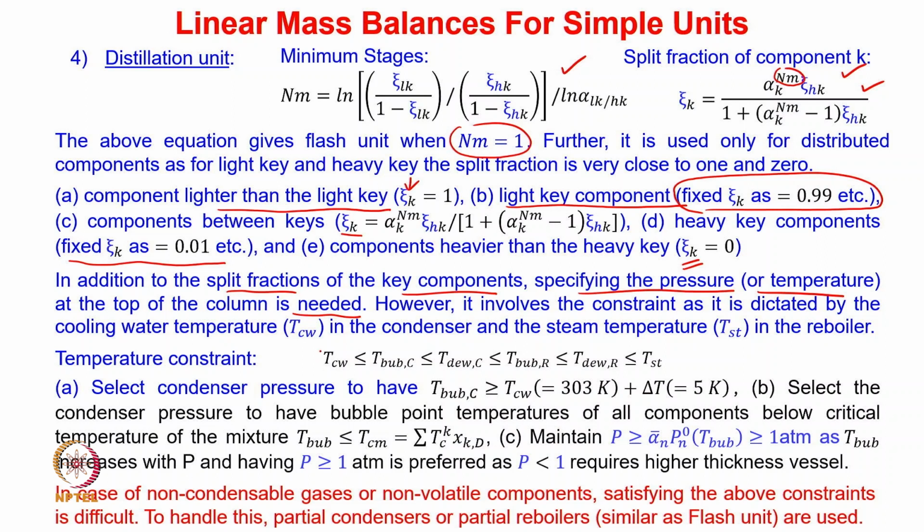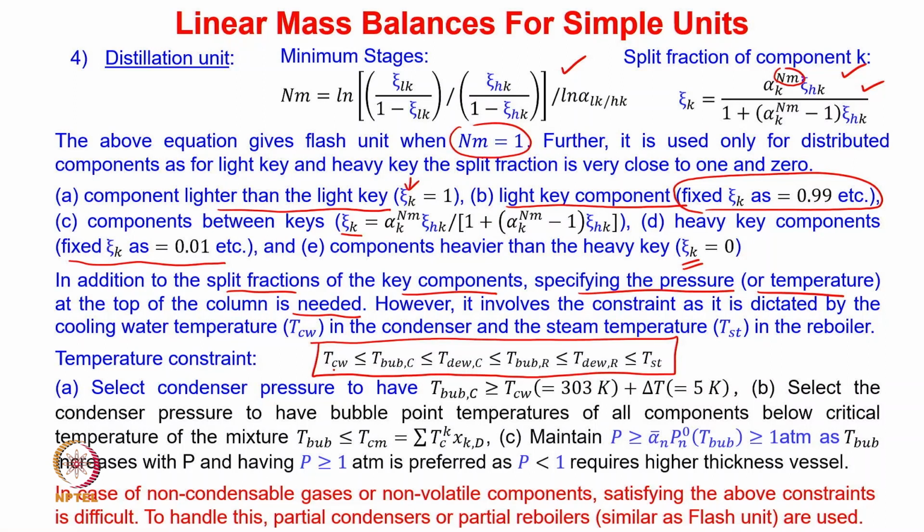So in this case, the constraint is the cooling water temperature. We have to take the cooling water temperature as close as possible to the ambient temperature, because a large amount of cooling water needs to be used in the distillation operation, and if the cooling water temperature is close to room temperature, then the utility cost decreases significantly. So the bubble point temperature of the condenser has to be greater than the cooling water temperature. This is the first constraint.